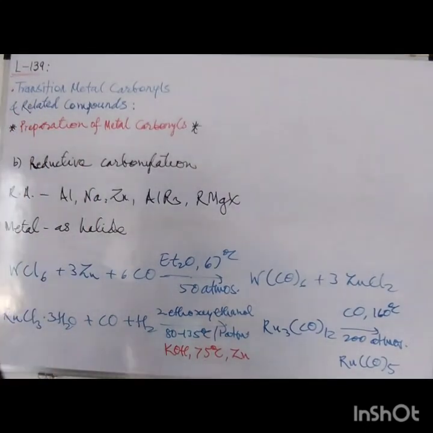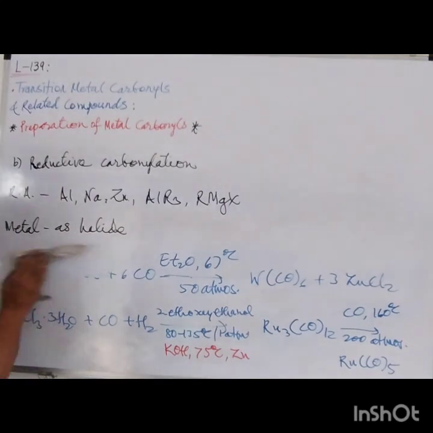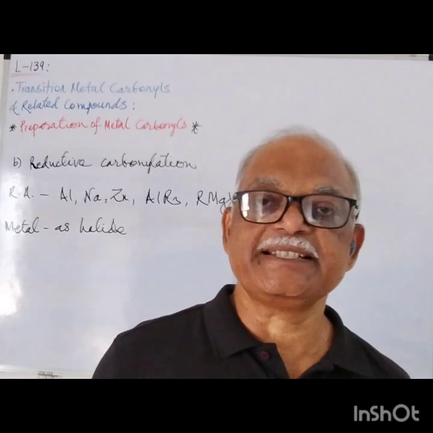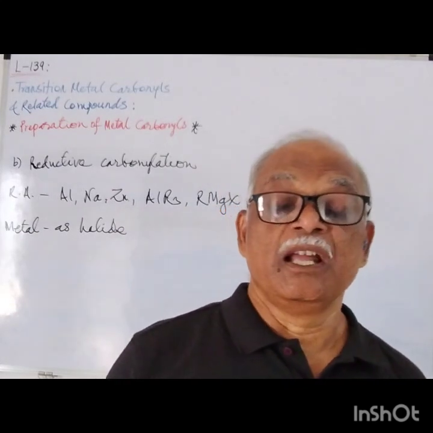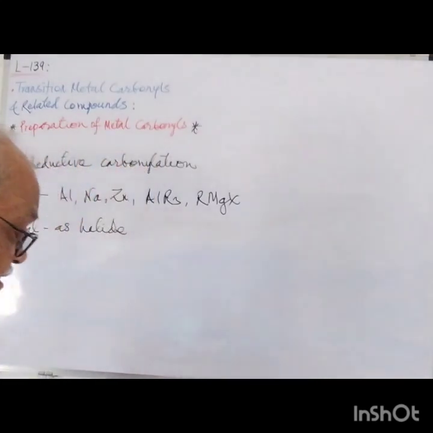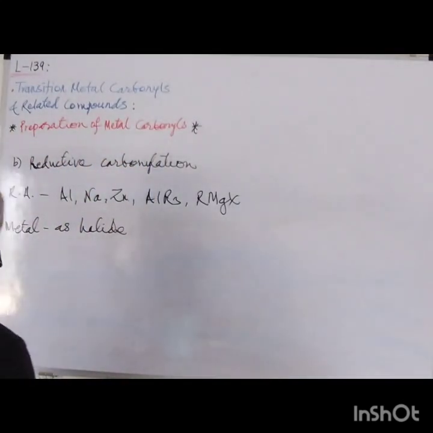In this way you can get these metal carbonyls. Now we can also see the reactions in which the acetates of these metals are used for the preparation of their carbonyls. We can see the example of preparation of metal carbonyls of Mn using their acetate.